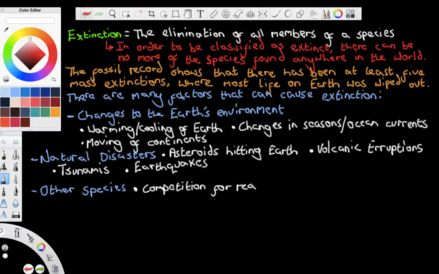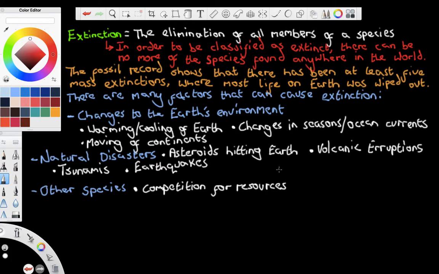That's not how you spell resources, is it? And what we mean by that is, for example, all living things need certain things to survive. So water, for example. If another animal is outcompeting another animal for water, the one that can't get the water will die. Okay, something we'll talk about in future lessons.